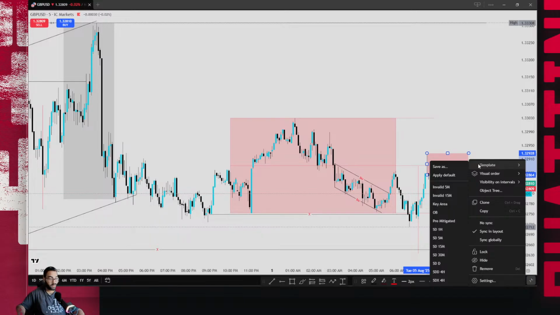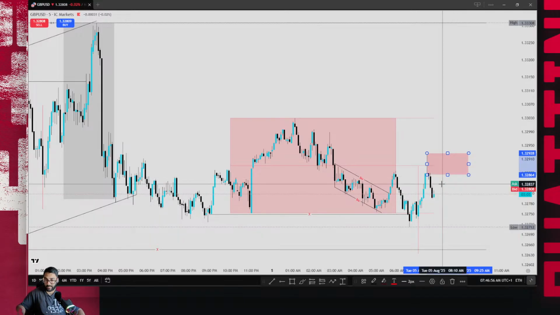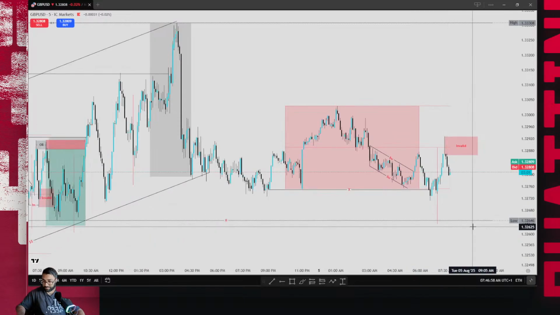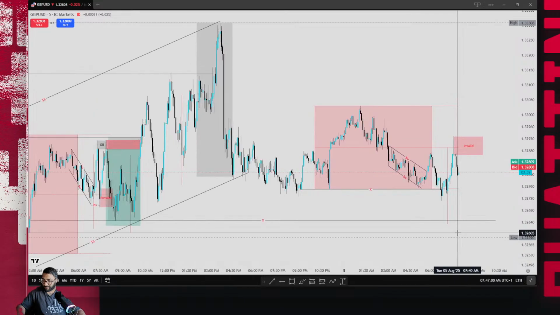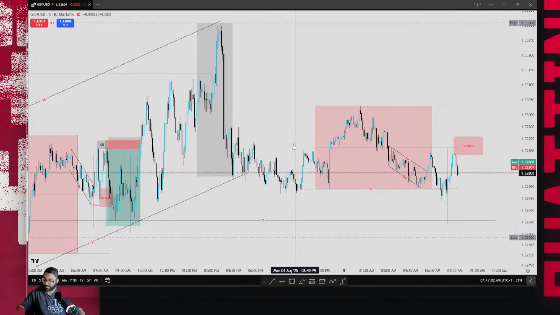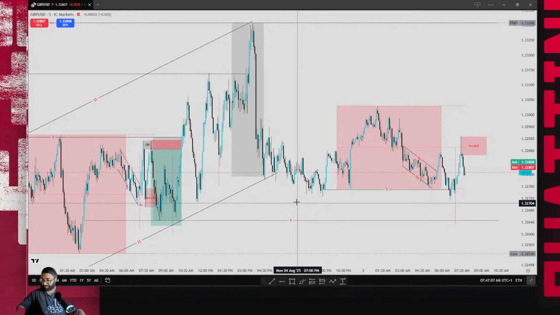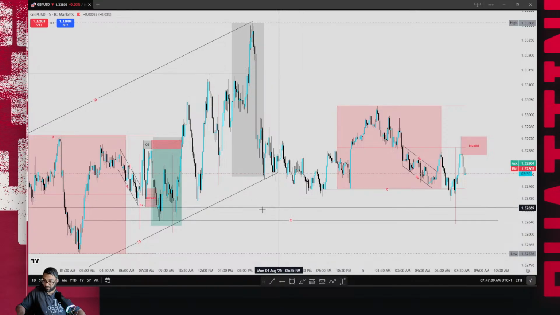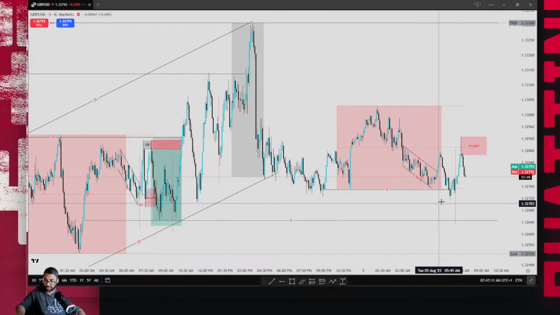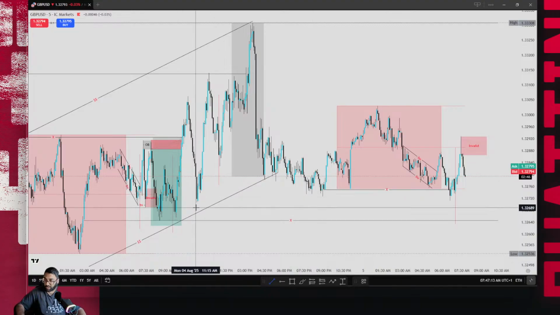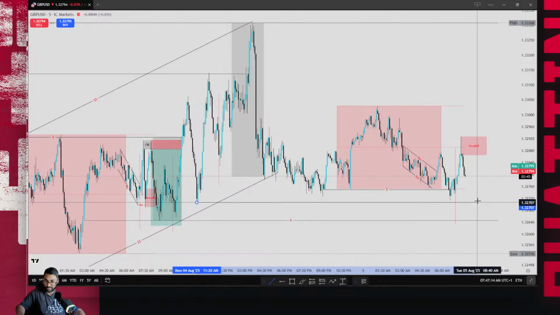I don't like the look of that wick. Build up, inducement, failed to come through. But now you got 1, 2, 3 relatively equal lows here now. Now we got these lows.